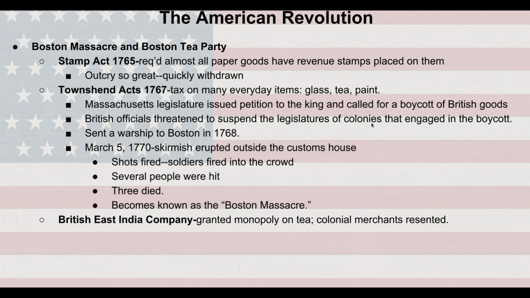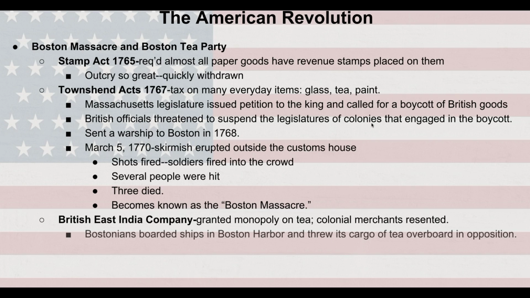And so to sort of circumvent this boycott that has been instituted, a monopoly is going to be placed on distribution of tea. The colonial merchants are going to resent this because it's going to cut into their profits. There's not going to be any competition going on, and so they're going to have to pay a certain amount, even if it's too expensive.